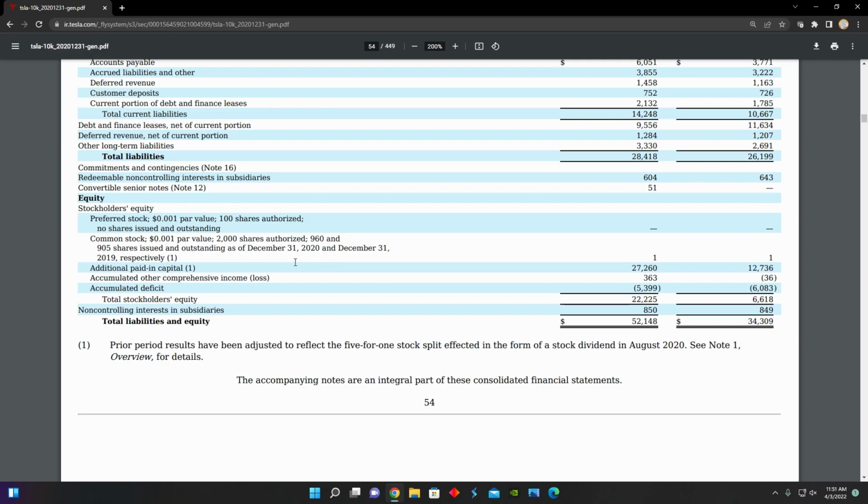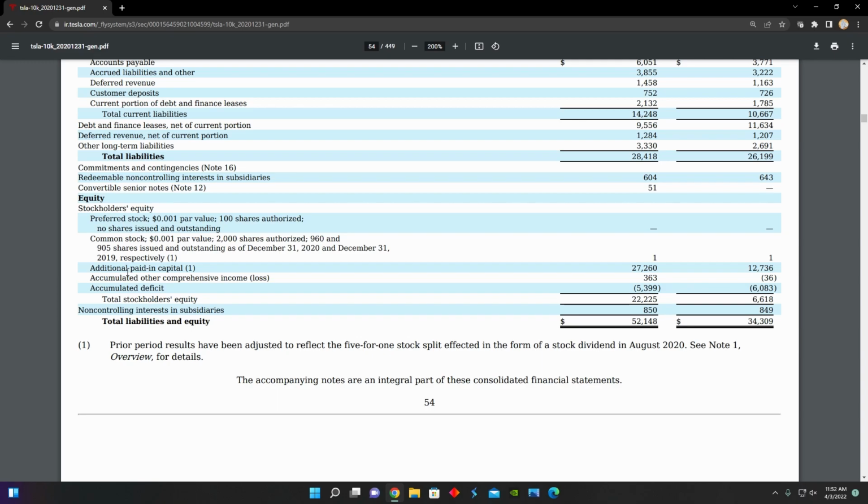And when a company issues shares, it says right here 960 and 905 shares issued and outstanding. So 960 shares issued, 905 shares outstanding. This basically just means that they're taking the amount of shares that they issued to raise capital and they're multiplying it by the par value. And that's giving them this extremely low number, which is 1, right?